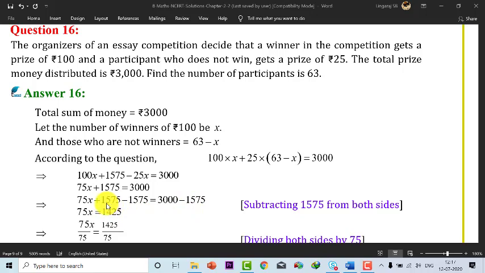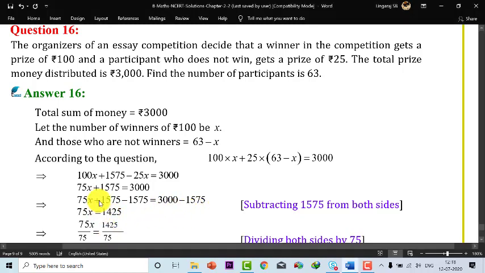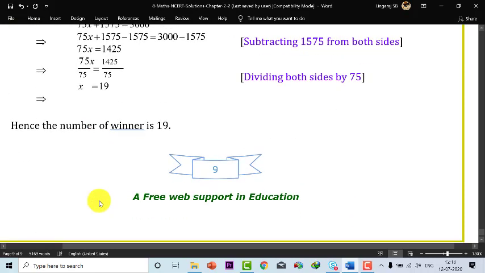So here 1575 minus 1575 gets cancelled. On the LHS only 75x remains. On the RHS the difference between 3000 and 1575 is 1425. So we get 75x is equal to 1425.